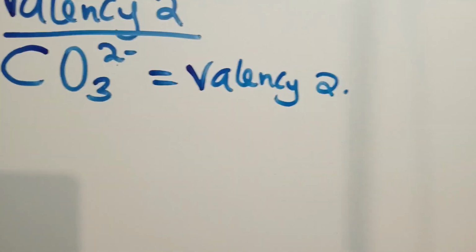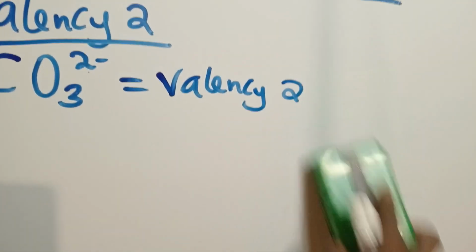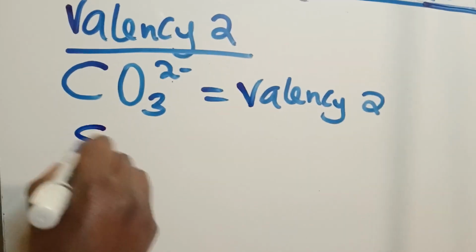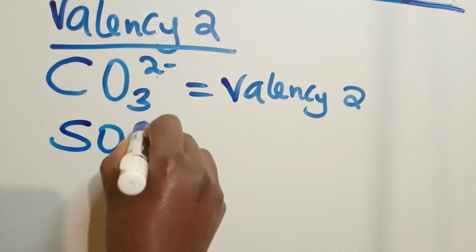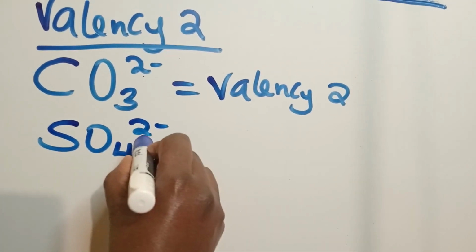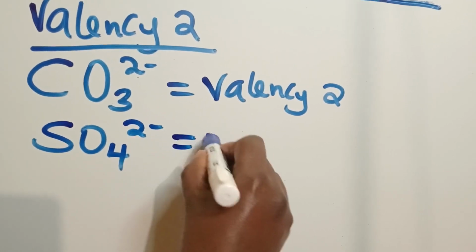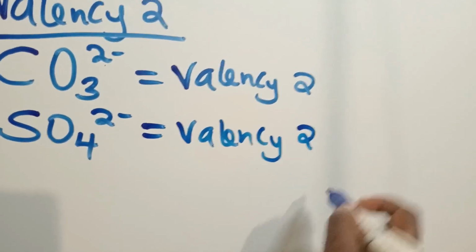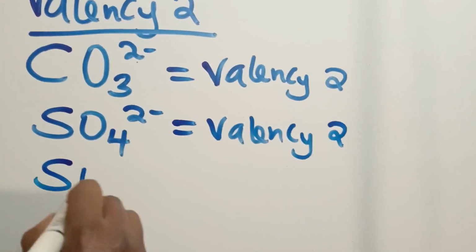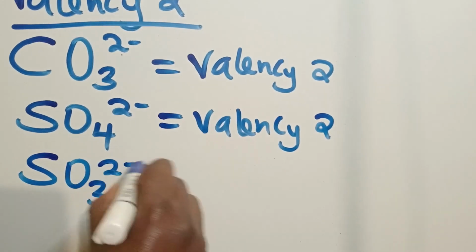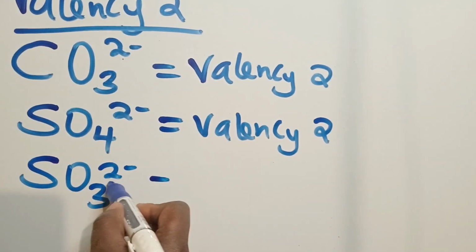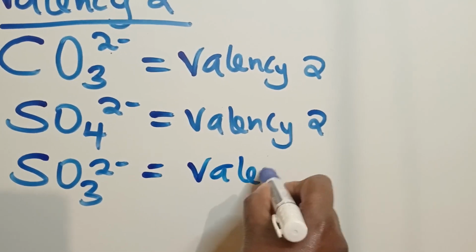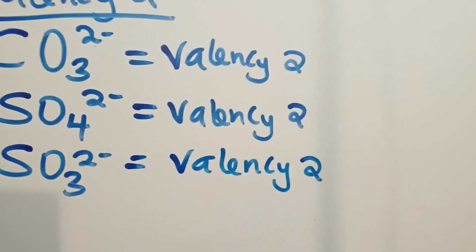Remember, we don't indicate the charge because valency is just a whole number. Then we have the sulfate ion. Again, we check on this number and then we omit the charge, so just a whole number. Then we have the sulfite ion. Again, we look at this number, so it has a valency of 2 as well.